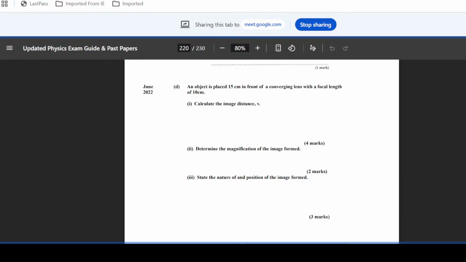So what's 1/10 minus 1/15? So work that out.